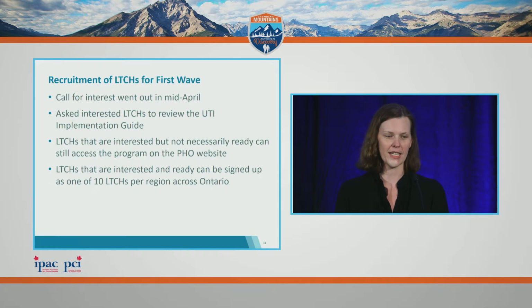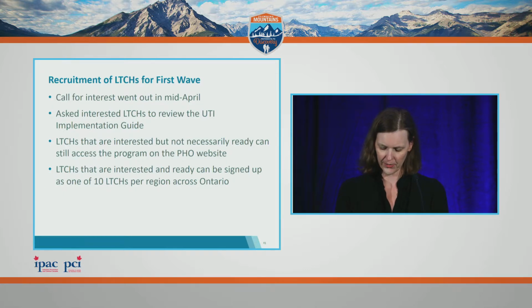The big piece was making sure there were human resources to dedicate to this, a lead and a co-lead who could cover off one another in pushing the program forward. Long-term care homes that are interested but not necessarily ready can still access the program on our website and then perhaps be ready to tackle it within subsequent waves or even on their own.